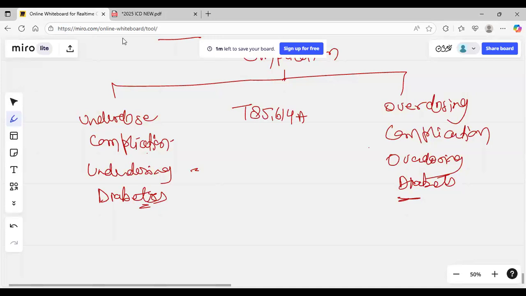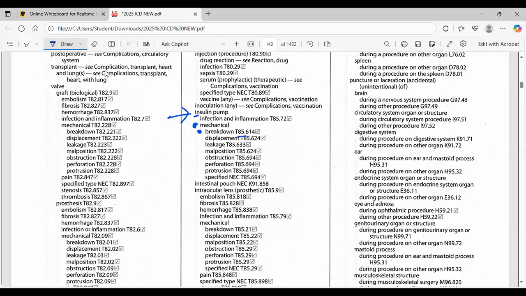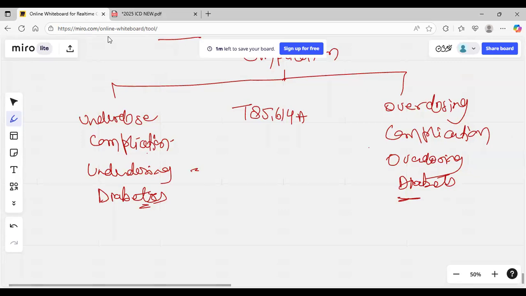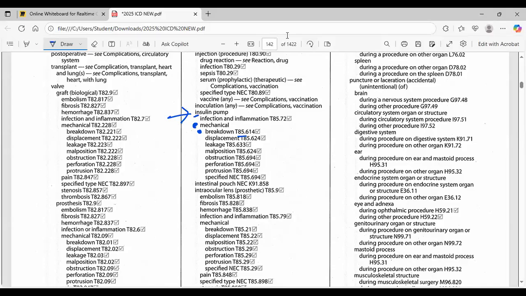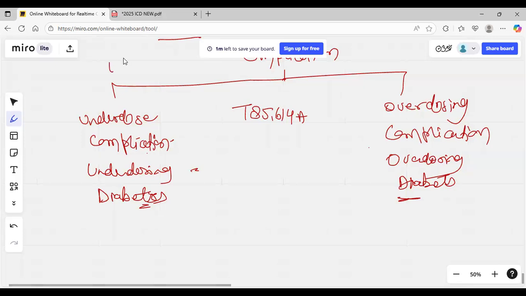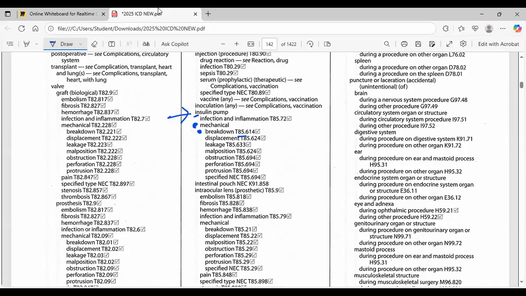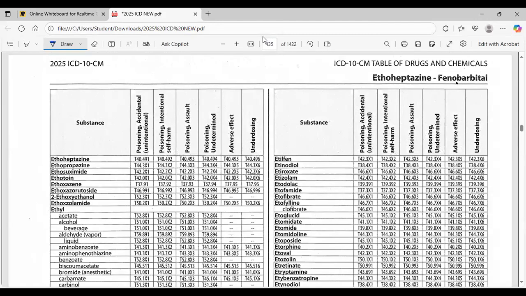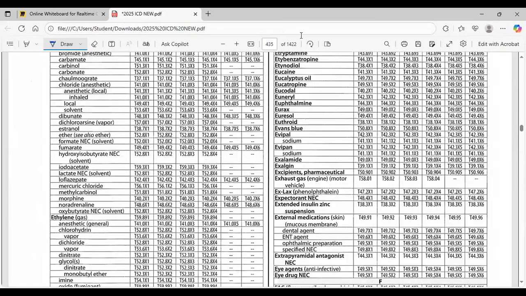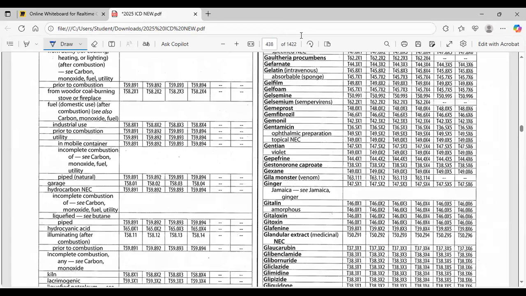Okay, so first we have to use T85.614. Now we have to use a code for underdosing and overdosing. For underdosing and overdosing, we have to refer to insulin in the table of drug and chemical.